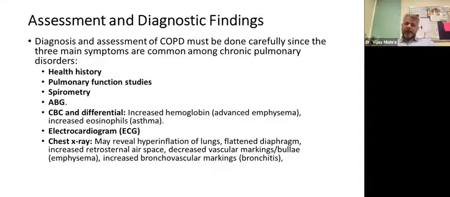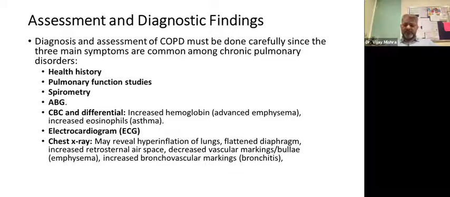ECG can also give you an idea about COPD patients. Long-term COPD patients will have a right heart strain pattern. As I said, because there will be pulmonary hypertension, the vasculature, the parenchyma of the lung, everything is involved. So it imparts a pressure on the right side of the heart, and you will have a right heart strain pattern.